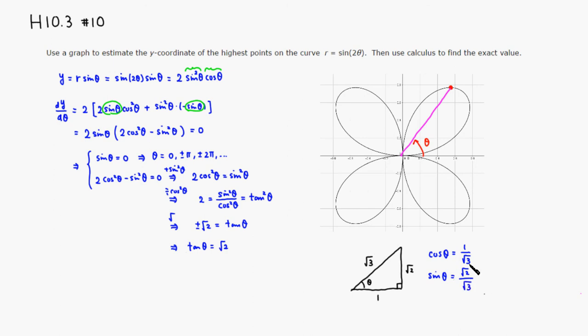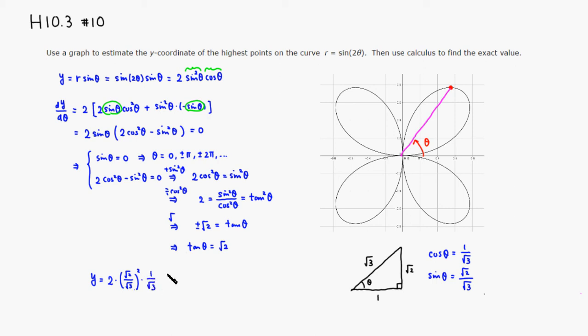All right, so let's find the y value. So for that theta, y is going to be the maximum. So y is going to be 2 times sine squared, so sine would be square root of 2 over square root of 3, squared, and cosine of theta is 1 over square root of 3.